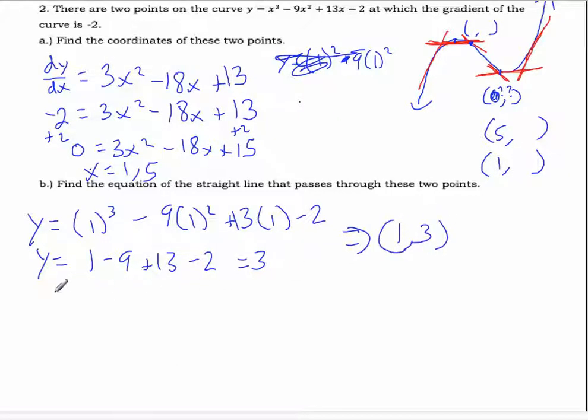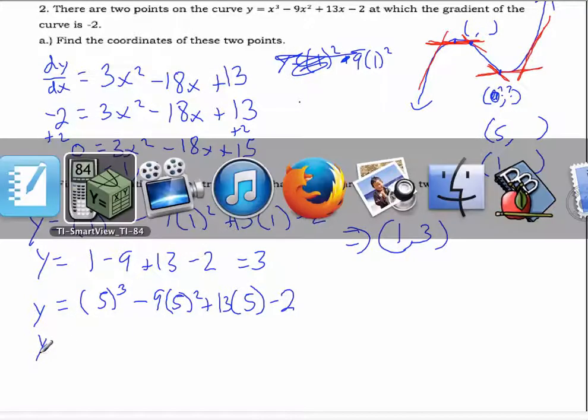And now let's work out the other one. y equals 5 cubed minus 9 times 5 squared plus 13 times 5 minus 2. So let's work that one on the calculator.